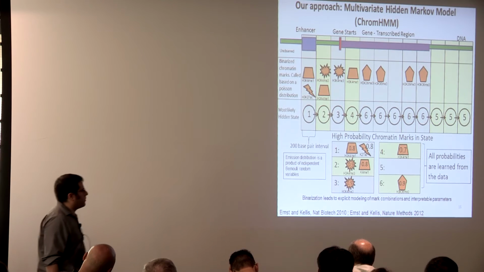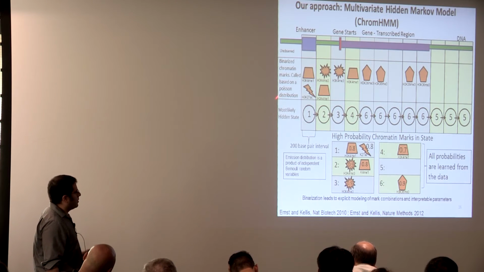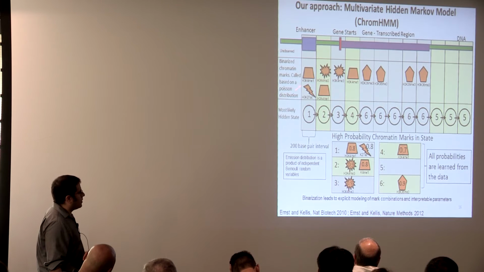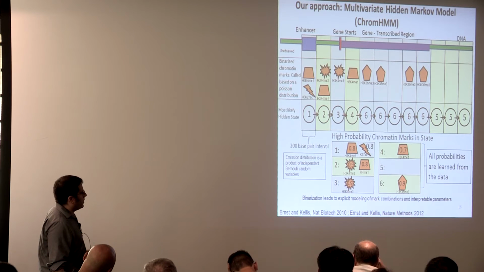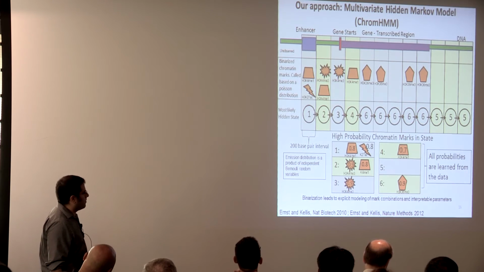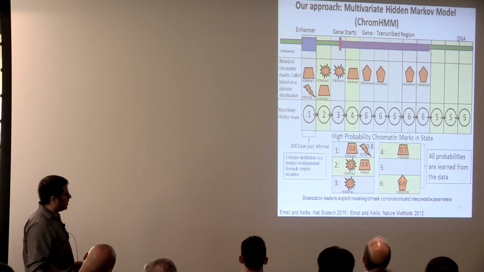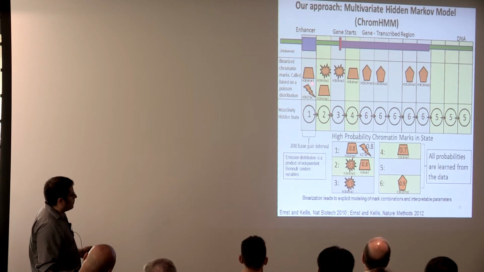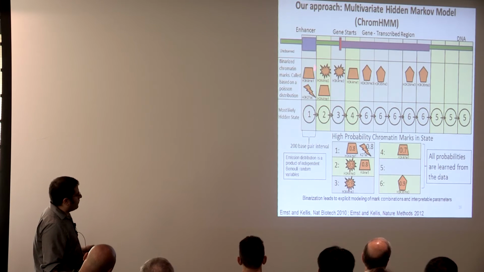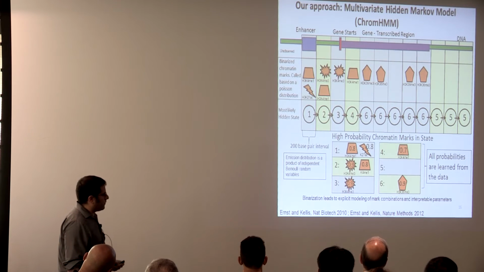We use a Poisson distribution as our background model, and then ask if the number of reads exceeds some threshold of significance based on a Poisson background distribution. So after our pre-processing, for each mark in each 200 base pair interval, we have a binary 1 or 0 saying whether that mark is present in that interval.